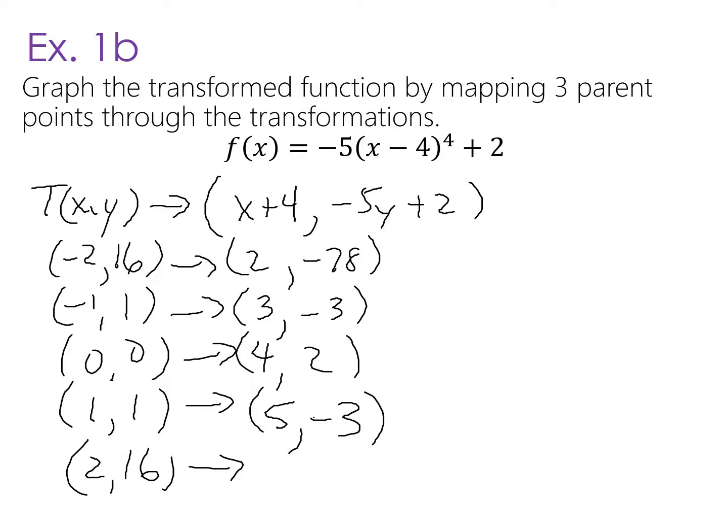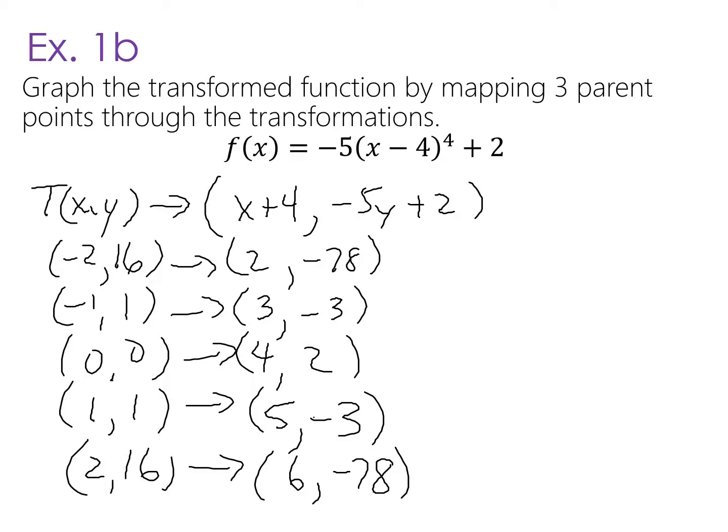And 2, so it's going to give us 2 plus 4 is 6. And negative 5 times 16 is negative 80. Negative 80 plus 2, negative 78. And we have our 5 transformed parent points.